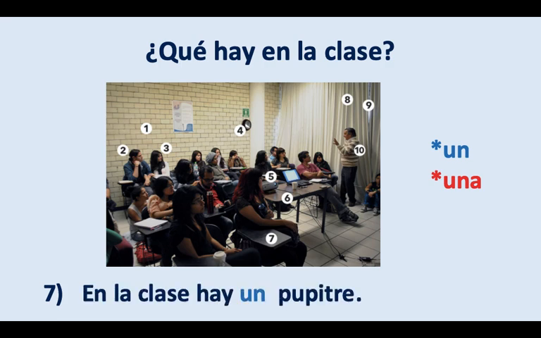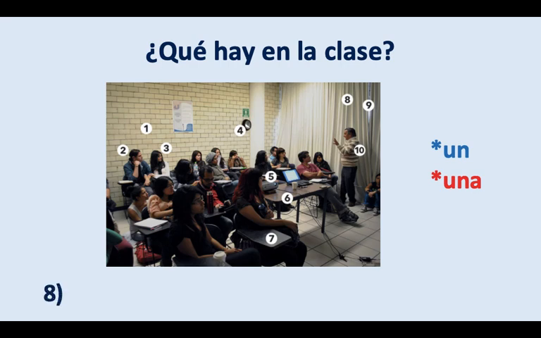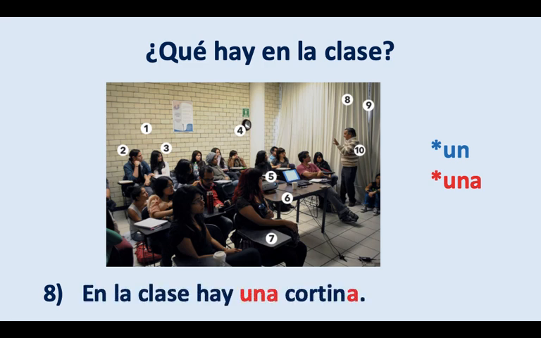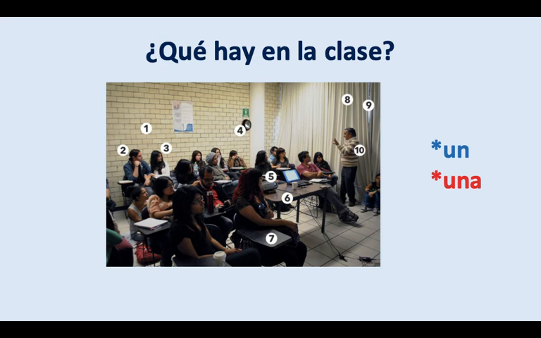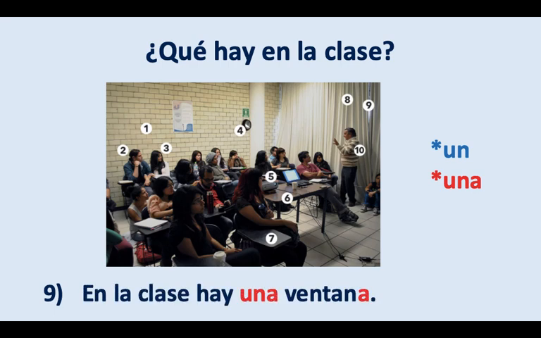En la clase hay un pupitre, student desk. ¿Qué hay en la clase número 8? En la clase hay una cortina, a curtain. ¿Qué hay en la clase número 9? It's peeking through there. En la clase hay una ventana.